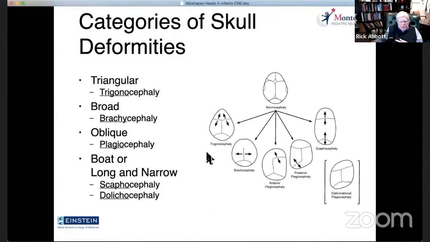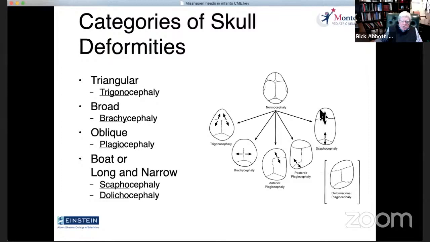To go through them, the trigonocephaly, or triangle-shaped head, is due to fusion of the metopic suture. The brachycephalic, or broadly shaped head, is due to bilateral craniosynostosis. Anterior plagiocephaly and posterior plagiocephaly are due to unilateral fusion of either the coronal in the anterior case or the lambdoidal in the posterior case.